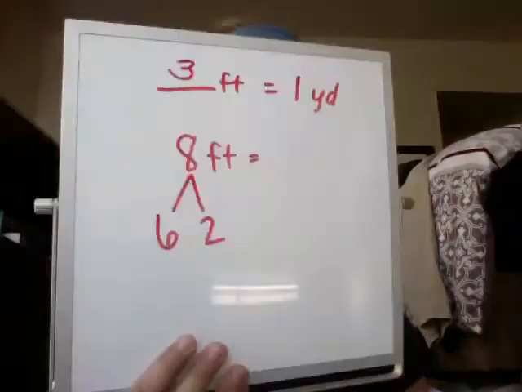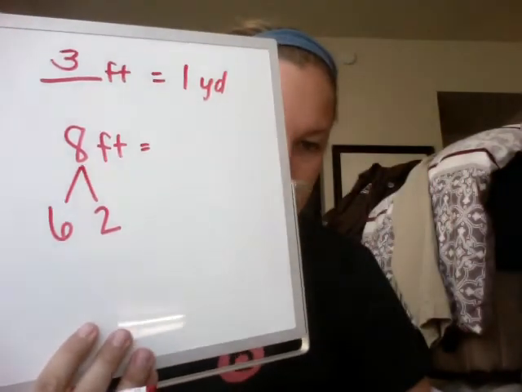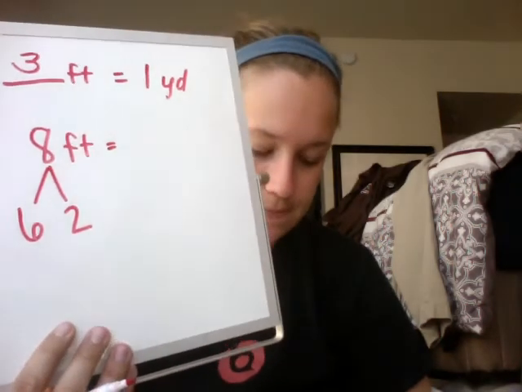But we could split this up into 6 feet plus 2 feet, because we can divide 3 evenly into 6. So I'm just going to leave the 6 and 2 as how we're splitting this up. Or you can just do 8 divided by 3 and then see what your remainder is.